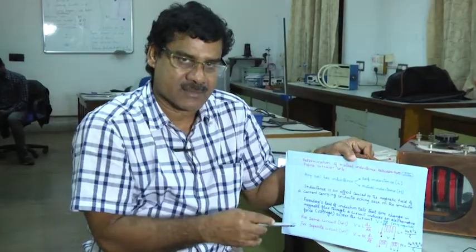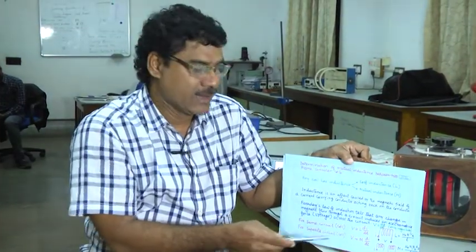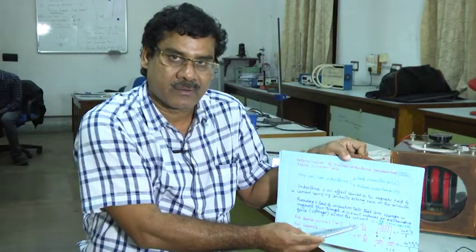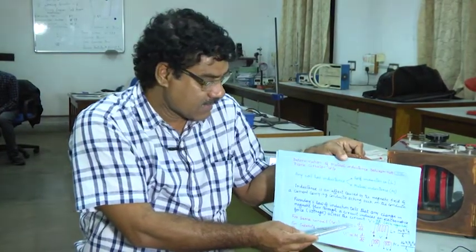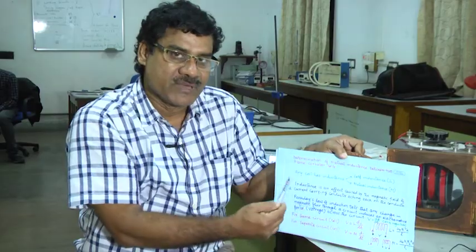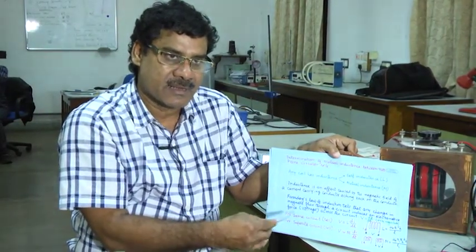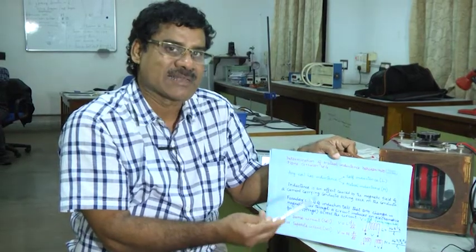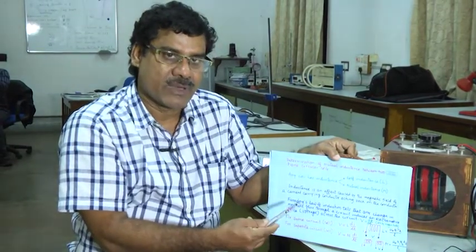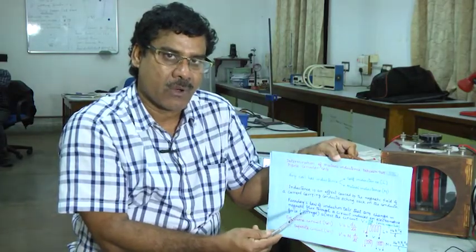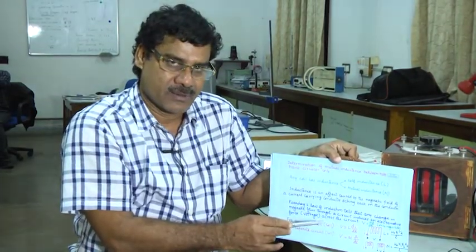In that case we will get self inductance, and due to this change of flux linked with the coil itself, it will generate voltage, electromotive force, on this coil itself, right.